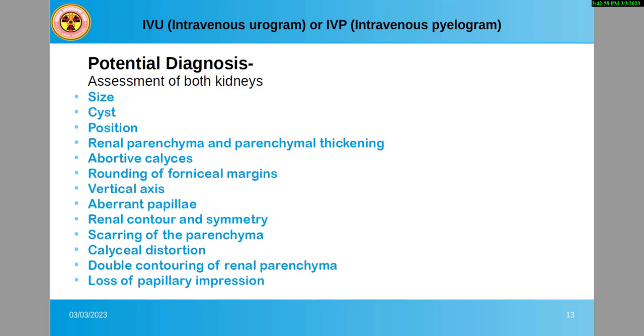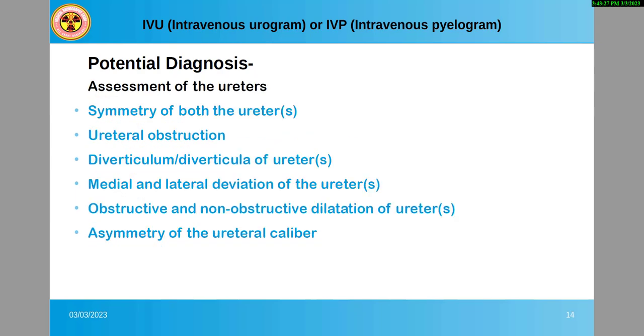Potential diagnosis. Assessment of both kidneys: size, cyst, position, renal parenchyma and parenchymal thickening, abortive calyces, rounding of fornical margins, vertical axis, aberrant papillae, renal contour and symmetry, scarring of the parenchyma, calyceal distortion, double contouring of renal parenchyma, loss of papillary impression.